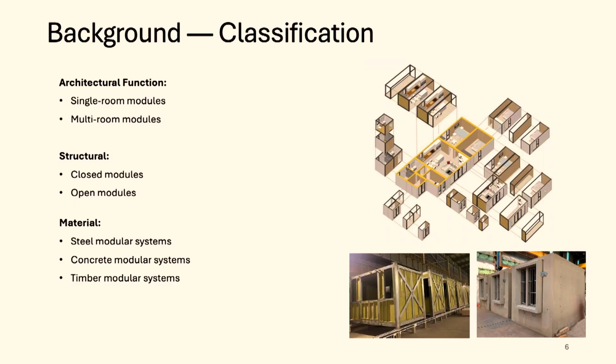Of course, materials also vary. In Europe and the United States, we see timber is more popular, but in mainland China and Hong Kong, concrete is more widely adopted, as well as steel modules, and particularly steel is efficient for transitional housing because it's easy for disassembly.